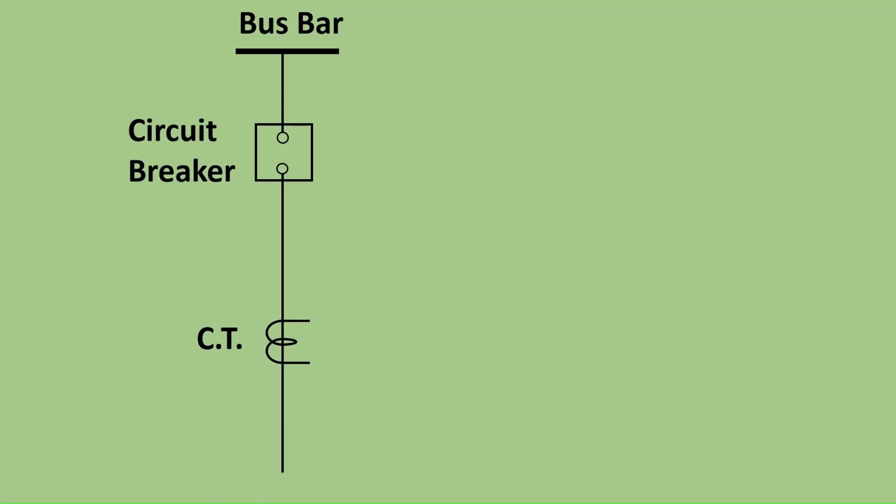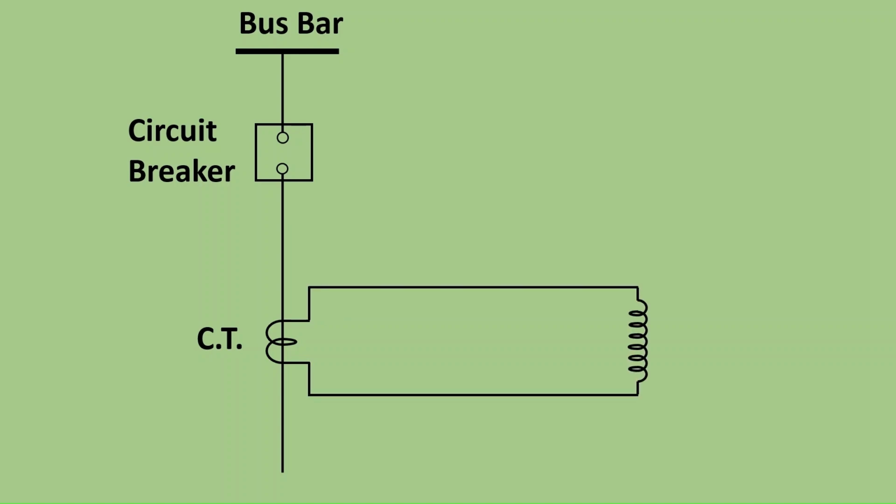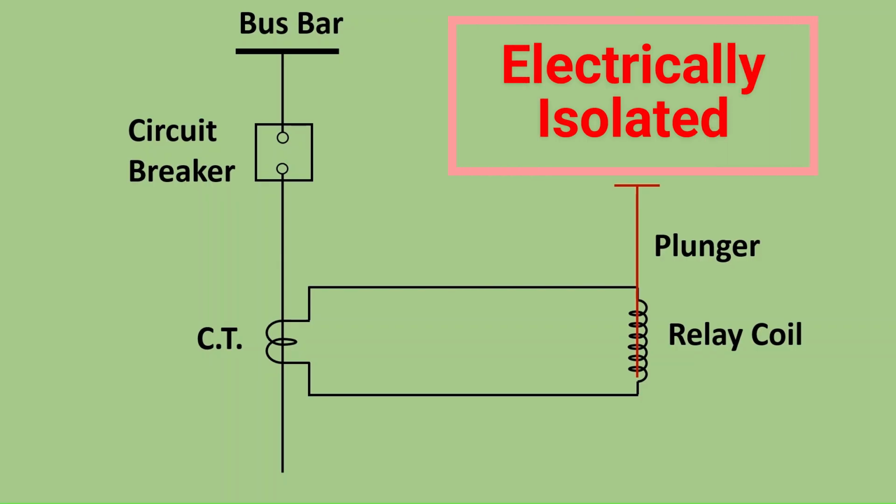In this circuit, the primary side of the CT is connected to the protected line and the secondary side is connected to the relay coil. A soft iron plunger is placed in the relay coil, which is electrically isolated from the coil.